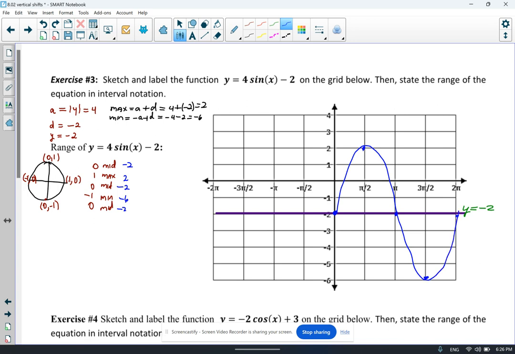And now we're going clockwise, right, at -pi over 2. So you're really just going in the opposite direction, right? So we're at -2 here. So you're going to then go to -6, back to -2, back to 2, and back to -2, and make a nice smooth curve.